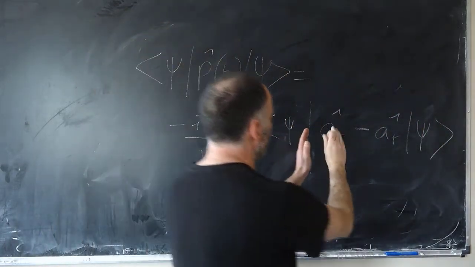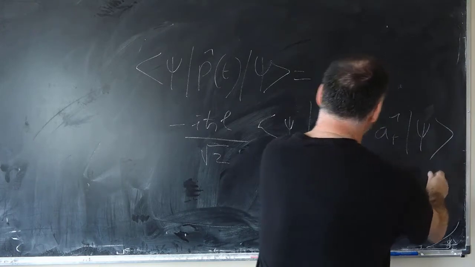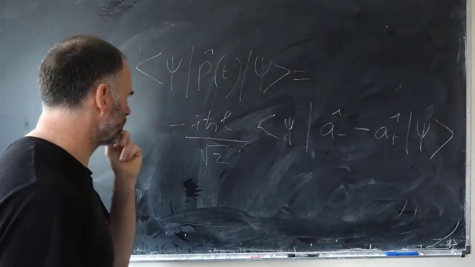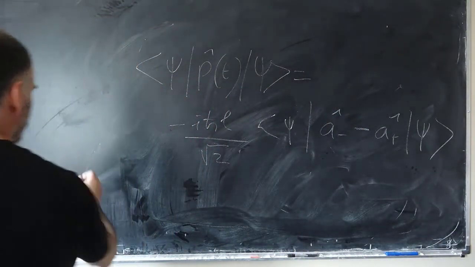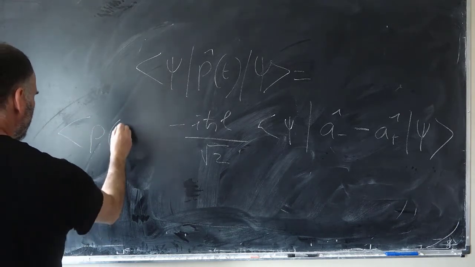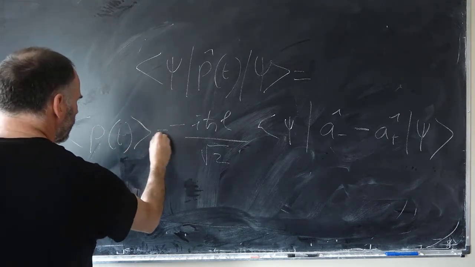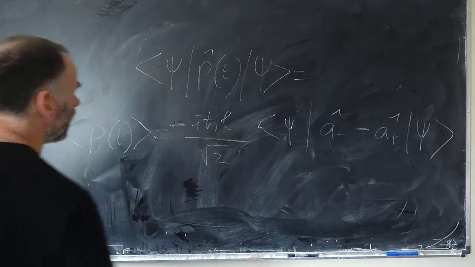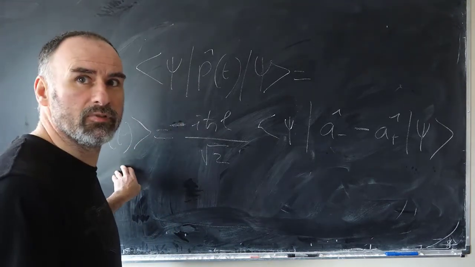So we're going to have this operating on our ket, then we're going to bra, and we're going to see what the result is. And that's going to give us the time dependence of the expectation value of the momentum operator.